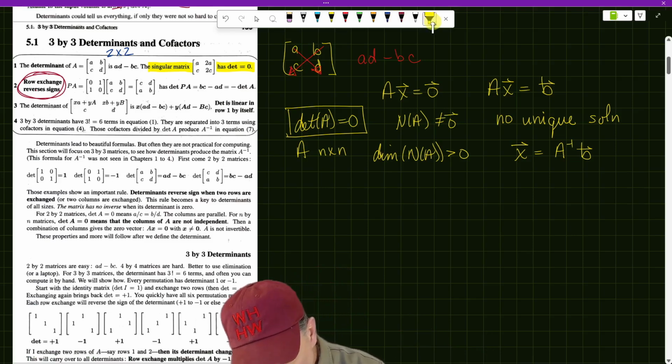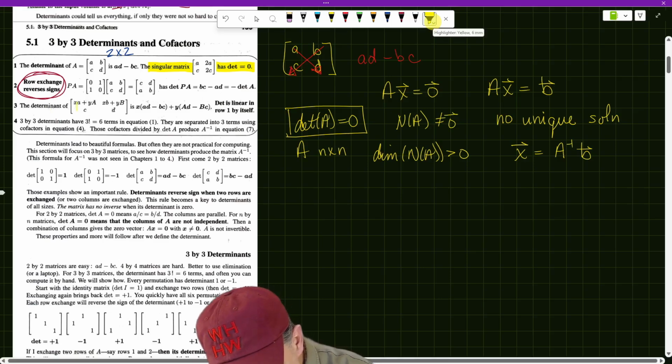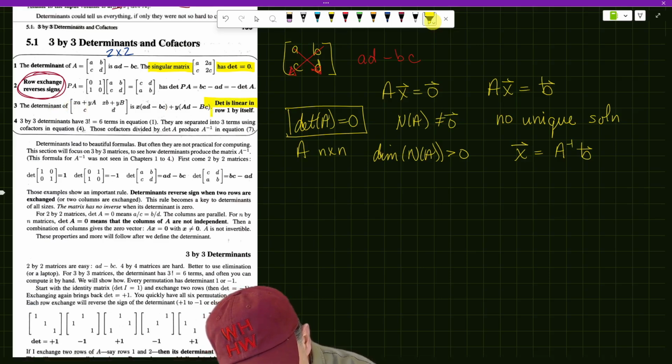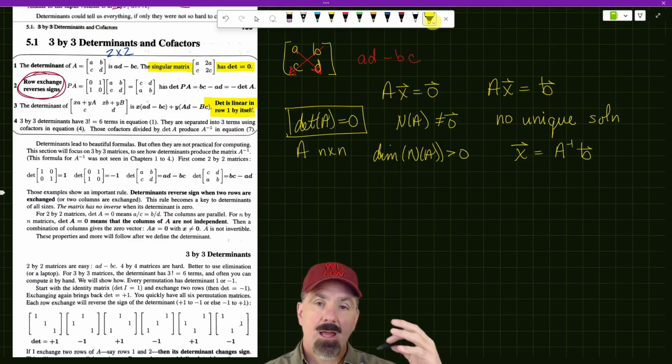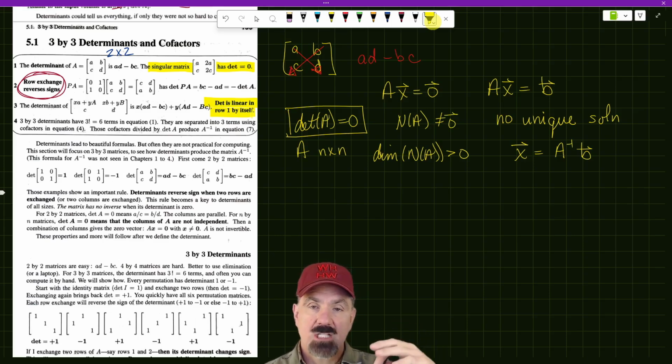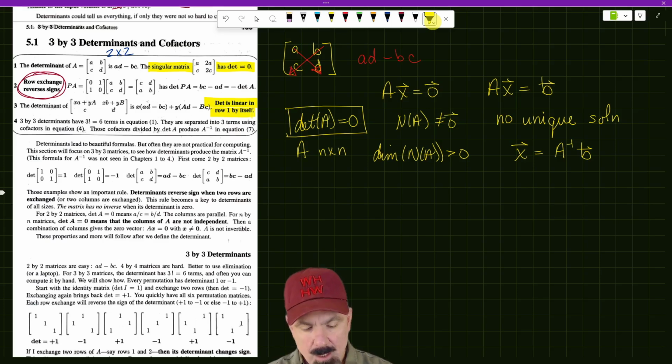Something that's a little bit more difficult for us to grasp is the idea that the determinant is linear in an adjustment to any row inside of the matrix. This is important enough that I want to make sure we get a grasp on it.